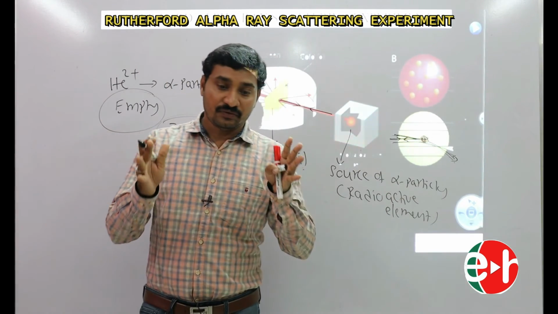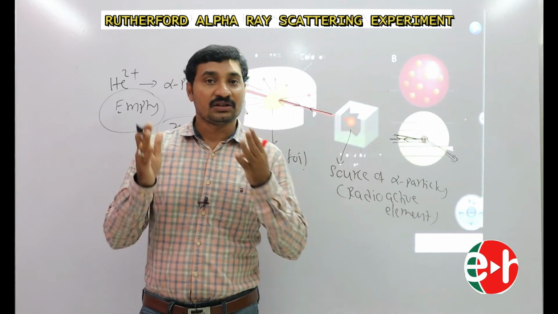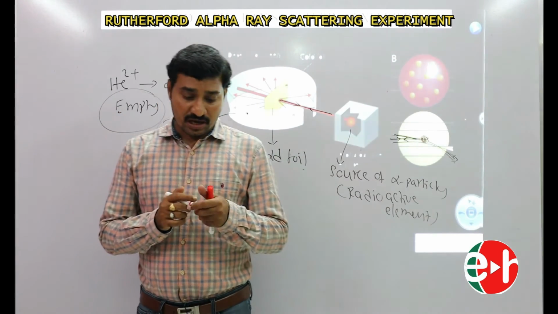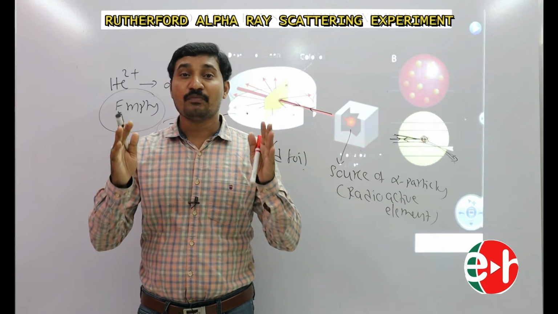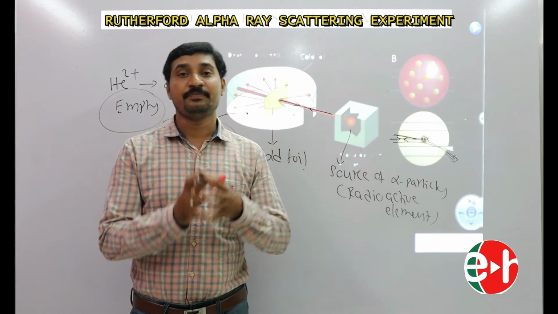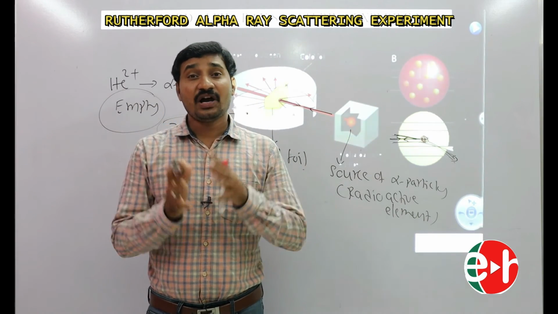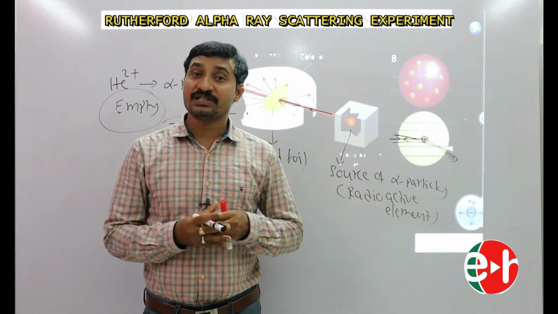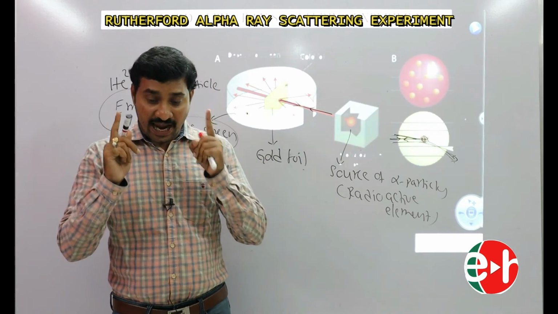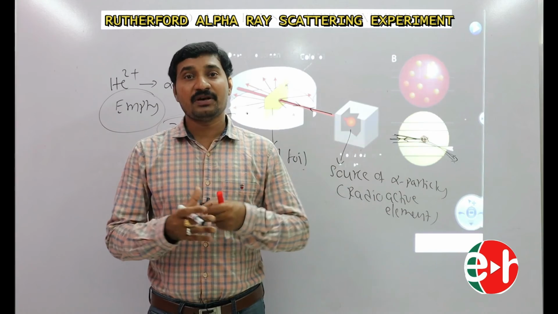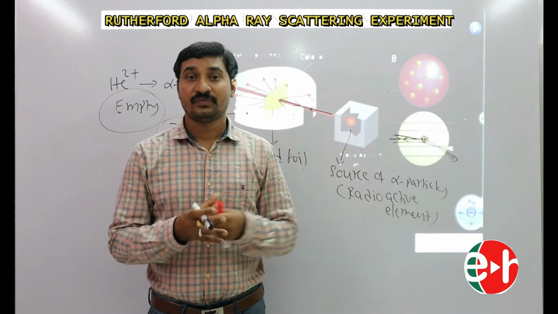Now we are discussing the postulates of the Rutherford atomic model. The first one is that atoms are spherical in shape and most of the space is empty. The second one, at the center of the atom positive charge is present, that is the nucleus, exactly at the center, and the total mass of the atom is almost concentrated in the nucleus.